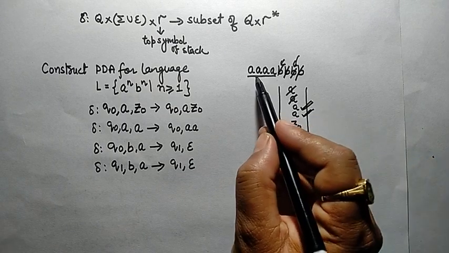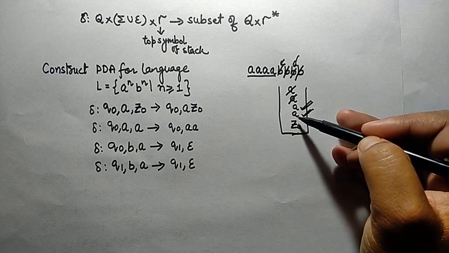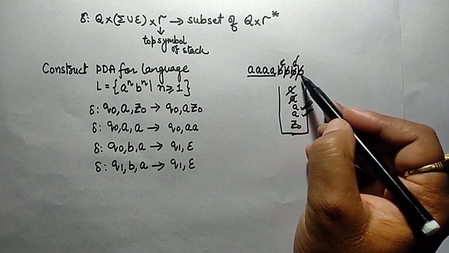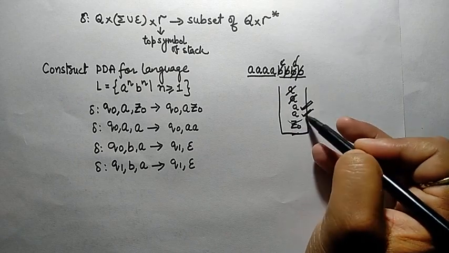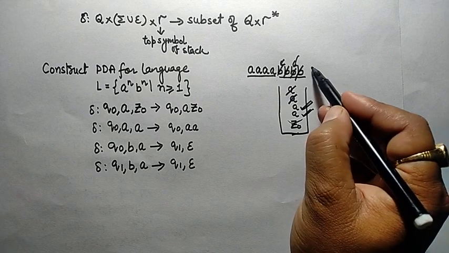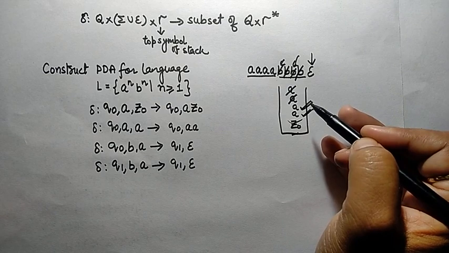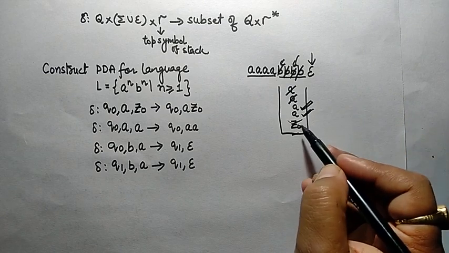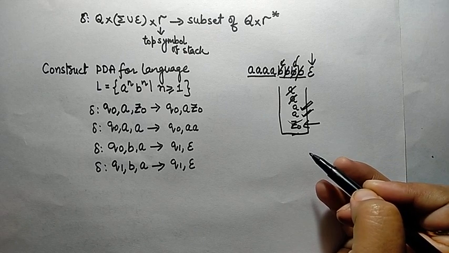So if there are n A's, there will be n A's in the stack. And if there are n B's, after reading all the B's, all the A's will be popped out. Now the pointer will be at the end of the string, and the stack contains only Z0 at the top.